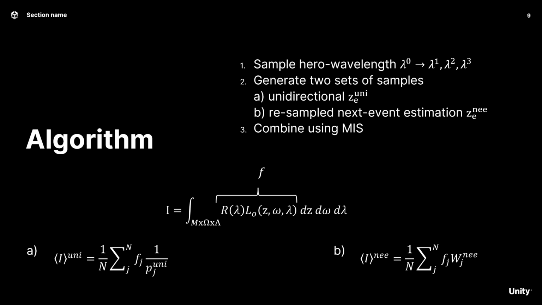I should say at this point that previous works usually work only with the second estimator, with the unbiased contribution weights. That is, they use other sampling techniques, like for example the unidirectional sampling, only to provide candidate samples into the resampling process.